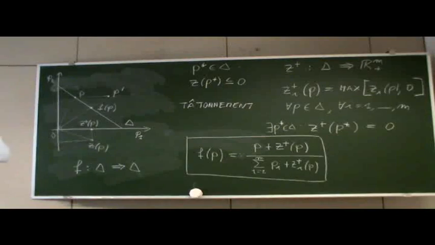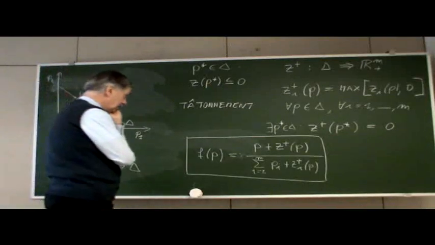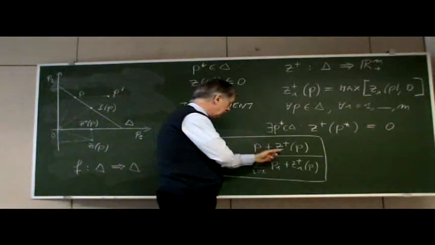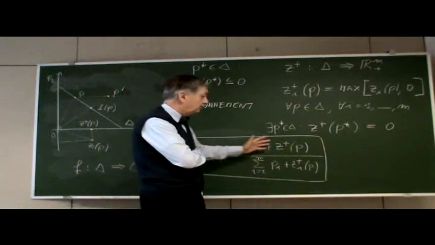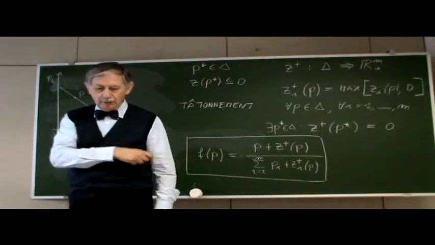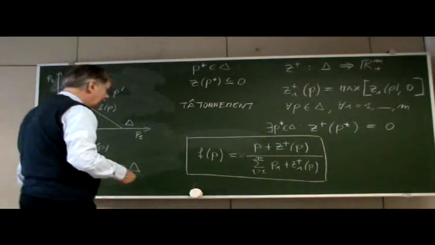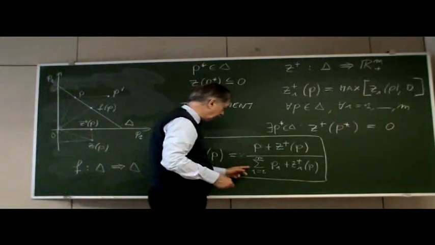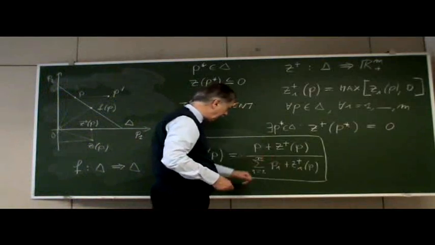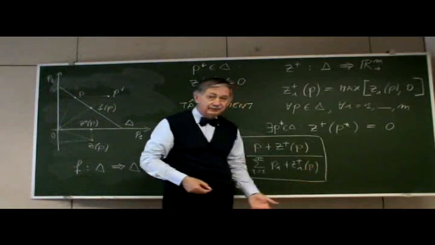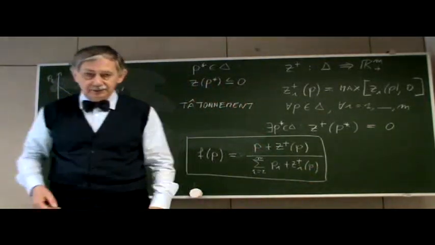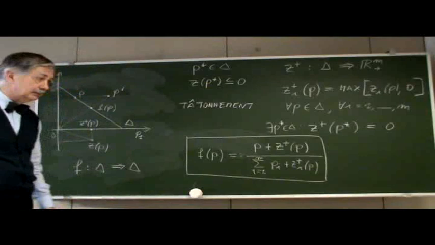And this function is clearly continuous, since Z plus is continuous, and this is a continuous transformation. Moreover, this function is well defined because in the denominator you have the sum of p i, which is 1, plus non-negative numbers. So the denominator is greater or equal to 1.